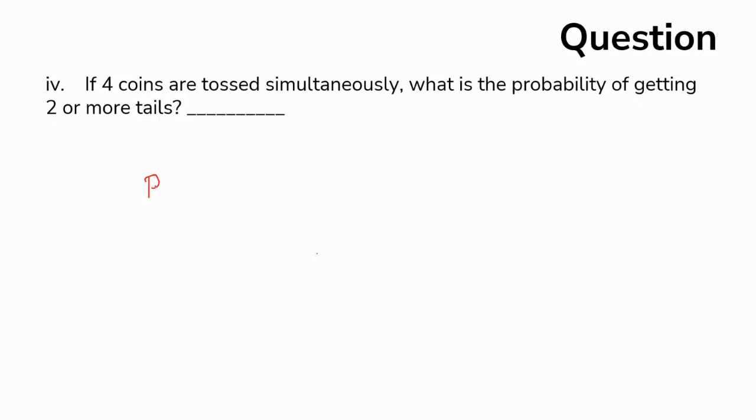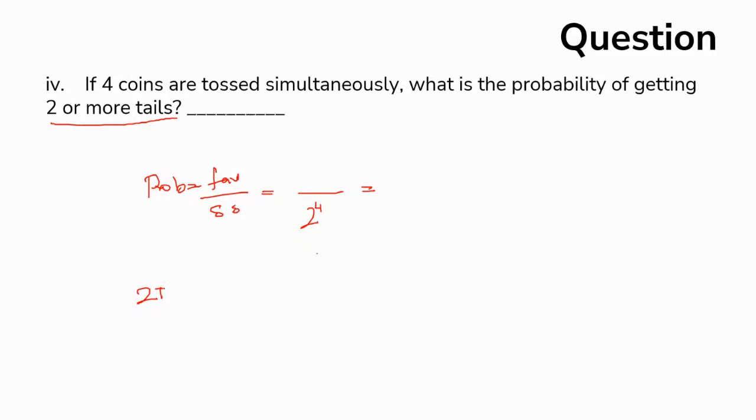So once again, probability is nothing but favorable event out of sample space value. Sample space, whenever we are trying to toss four coins, is given by 2 power 4. And favorable event is something like getting two or more tails. So two or more tails means, what's the chances of getting two tails?